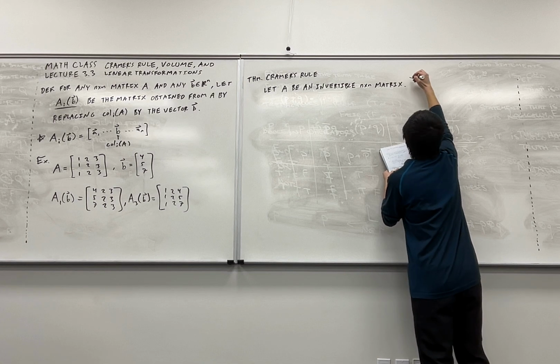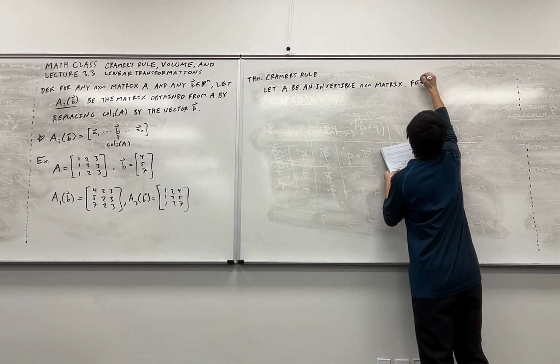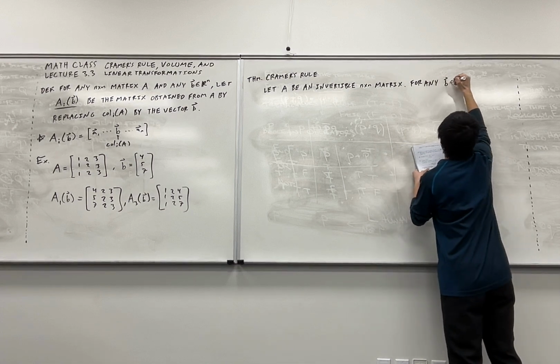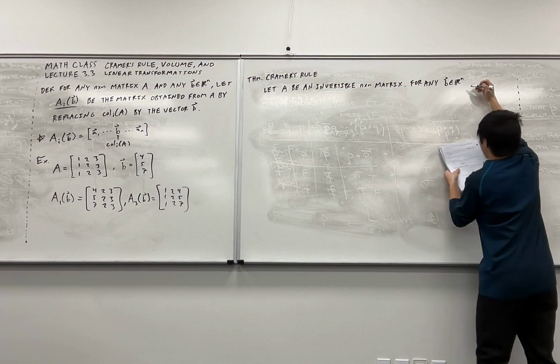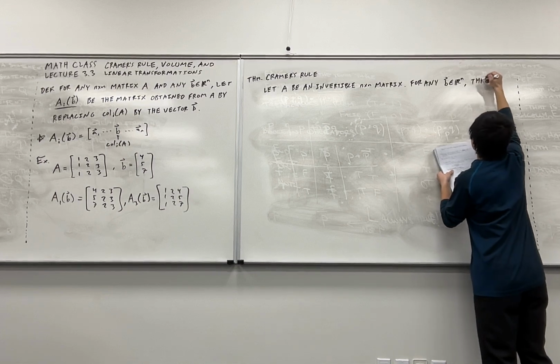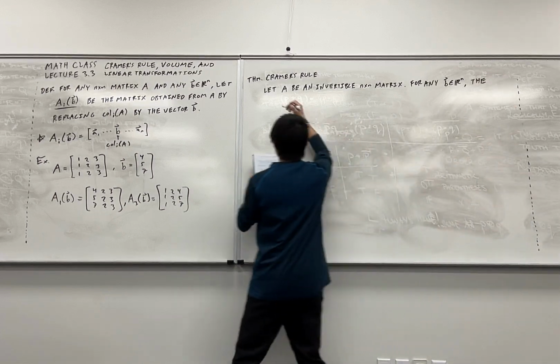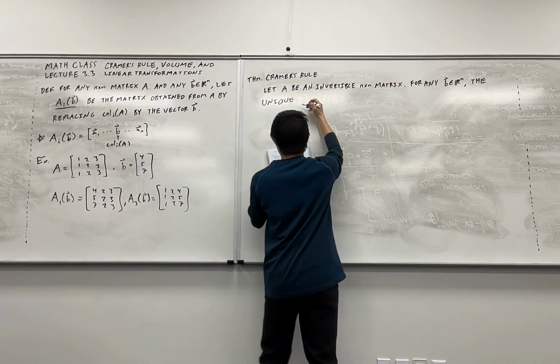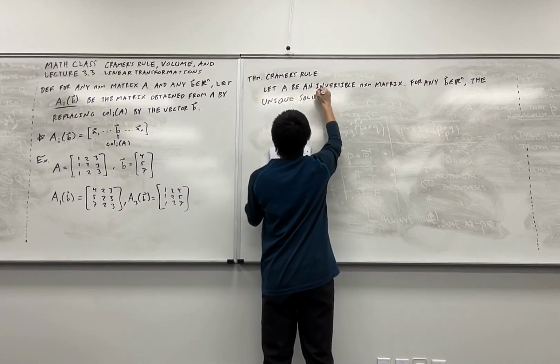For any vector B in Rn, the unique solution, and how do I know it's unique?